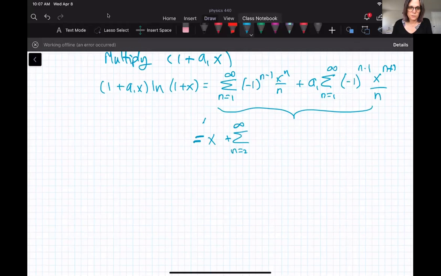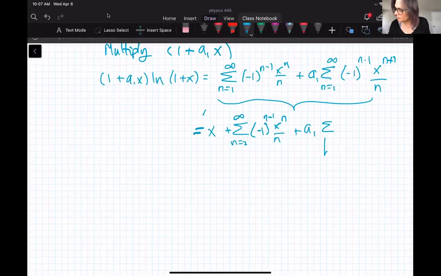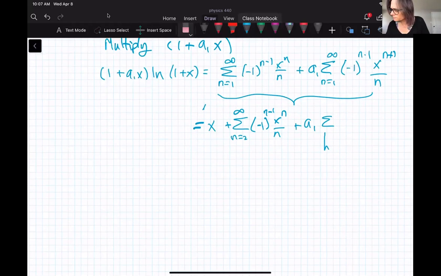We're just taking the first term of that first series of minus 1 to the n minus 1 x to the n over n, plus that constant a1 times that sum again. So this is the same sum, n equals 1 to infinity of that same sum.